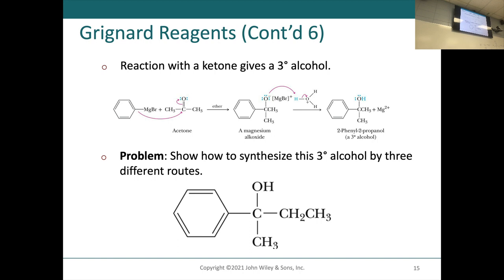I'm not going to give you anything other than the fact that you have to use a Grignard. The problem says by 3 different routes, you only have to find one for yourself.